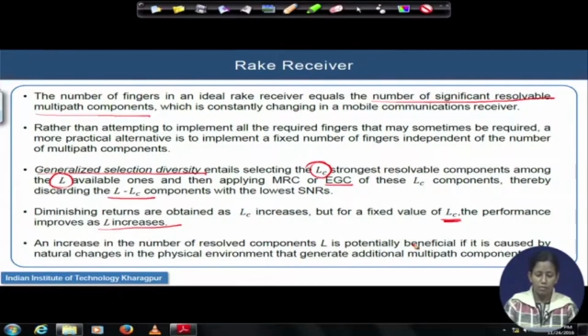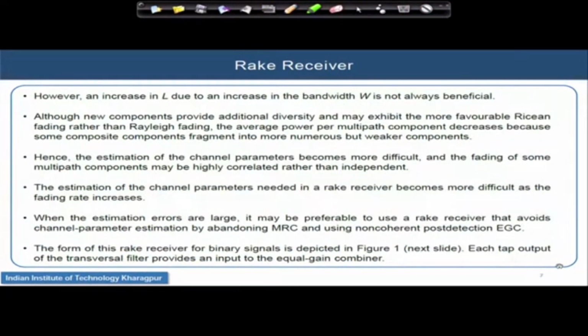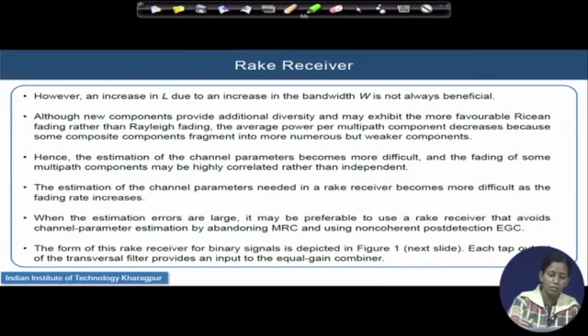So, an increase in the number of resolvable components is potentially beneficial to us, as I have already explained, because it is caused by natural changes in the physical environment, and these additional multipaths help improve the signal to noise ratio in the receiver architecture. But remember one thing: if L is increasing due to an increase in the bandwidth W, it is not beneficial.